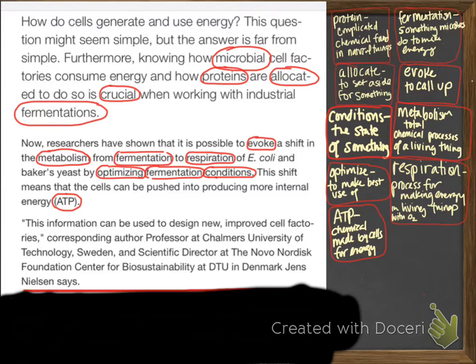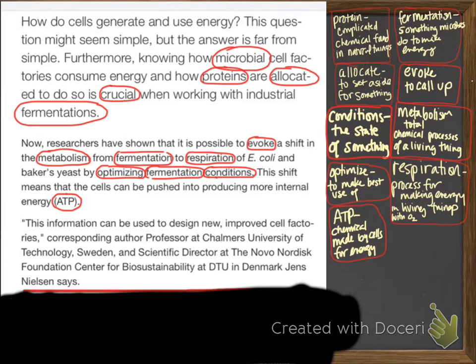So let's try that again. Now, researchers have shown it's possible to make a shift in the chemical processes from this one chemical process microbes use to make energy to this other process that they use to make energy using oxygen by making the best use of the conditions where they're using this chemical process.